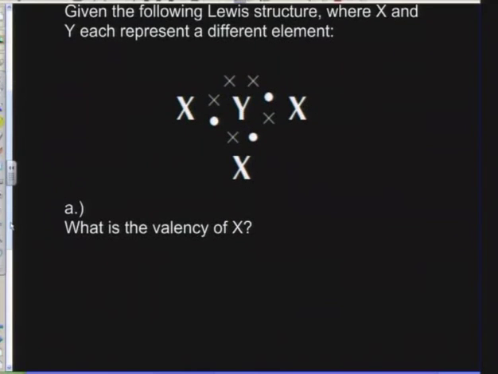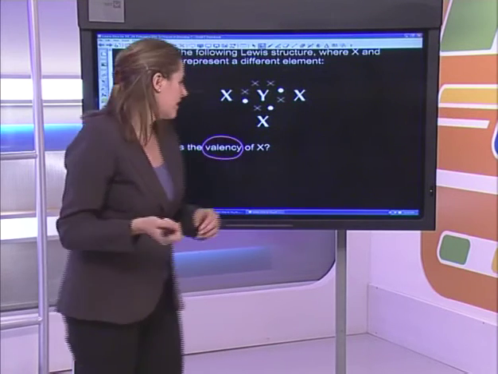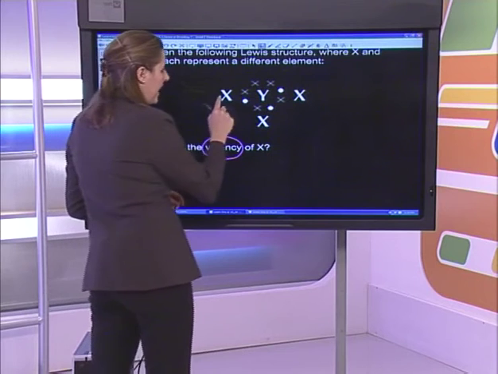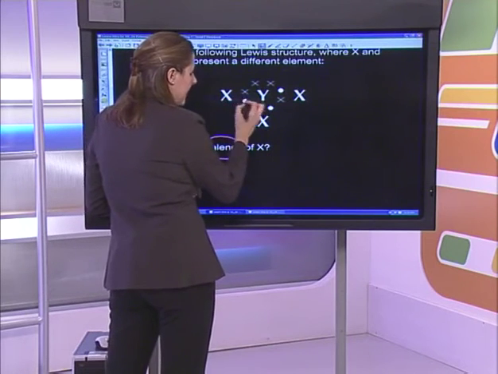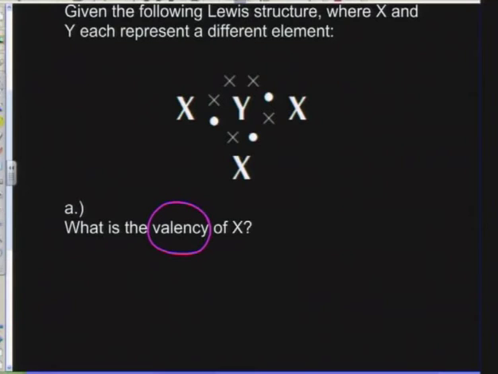What is the valency? Now, valency is the number of bonds the substance can make. The valency of X, have a look, X is making one bond, one bond, one bond. So the valency of X would be simply 1.